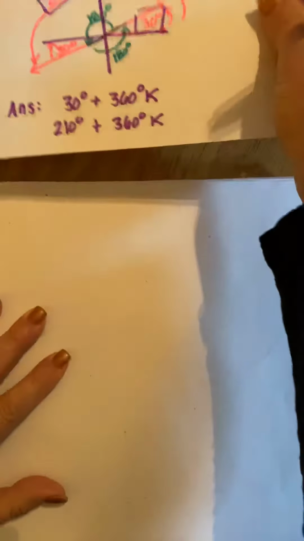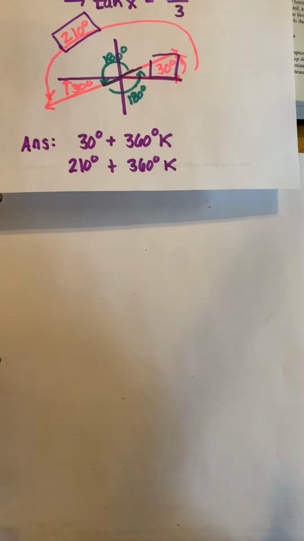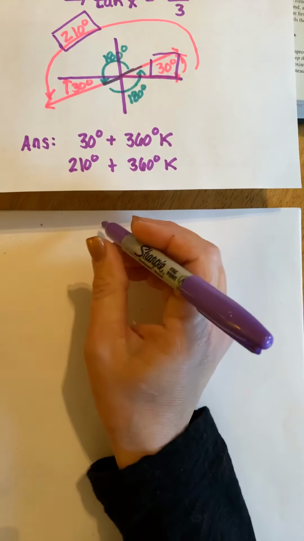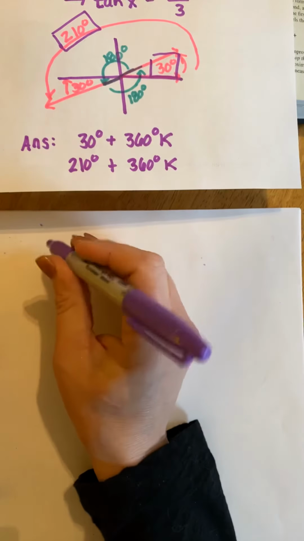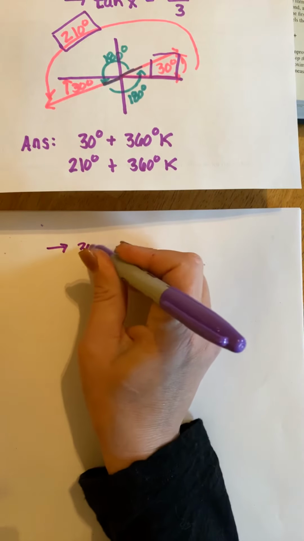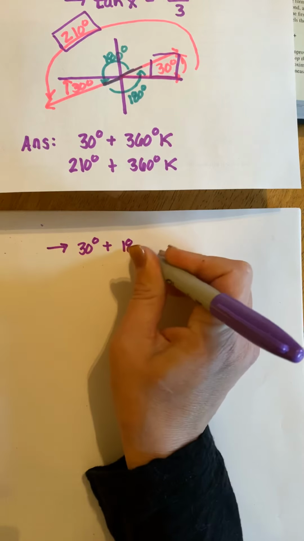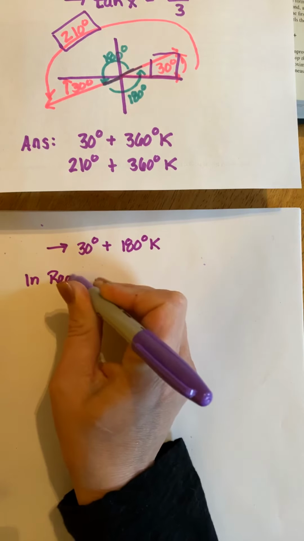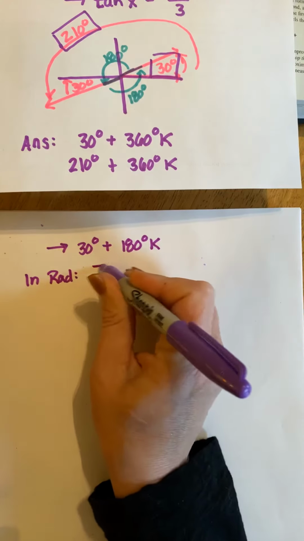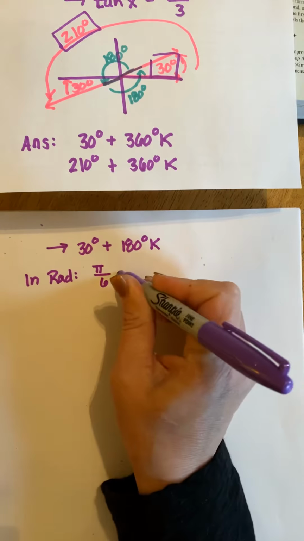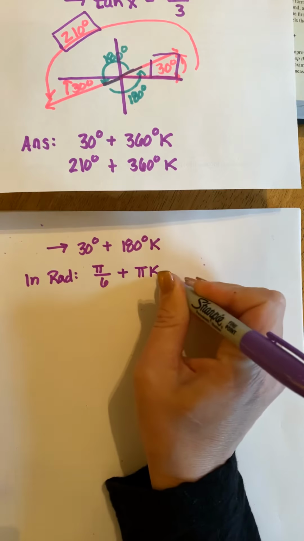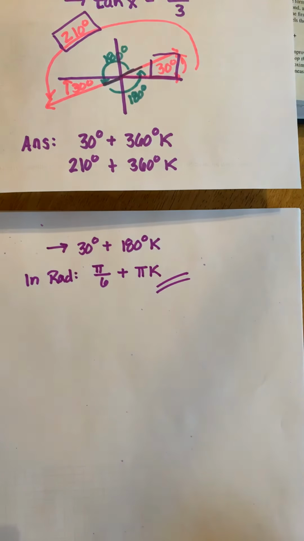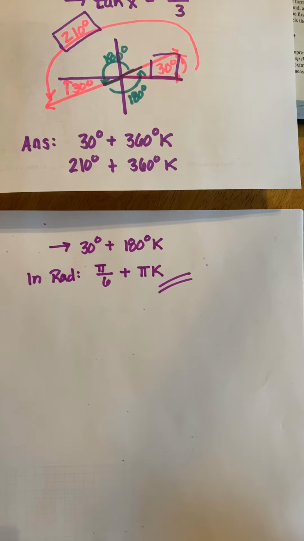So we're going to rewrite this as, we usually pick the smaller of the angles, 30 degrees, and then we're just going to keep adding multiples of 180 degrees. In radians, just follow your directions. 30 degrees is pi over 6, 180 is pi. So that would be all solutions to the equation 2 square root of 3 tangent of x equals 2.